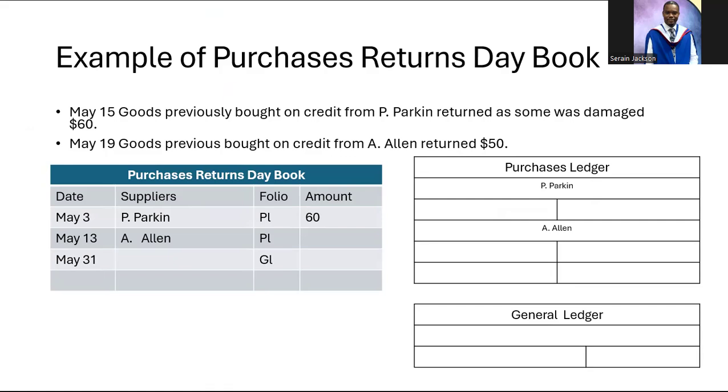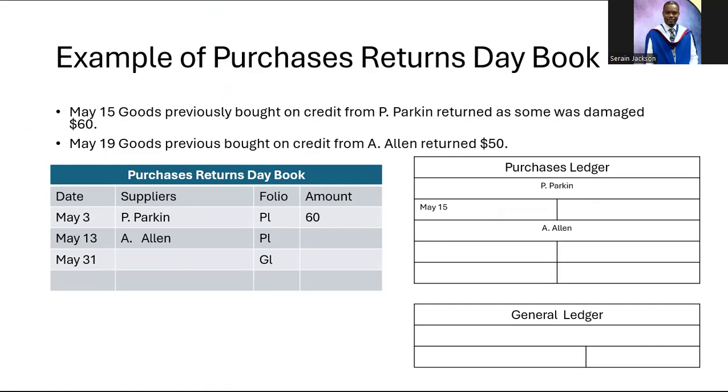So he is receiving goods, per se. Or you can look at it and say, well, P Parking, who is a creditor, to increase a creditor account, we would make a credit entry, but to decrease it, we would make a debit entry. So we want to decrease it. That is the reason why we make a debit entry. So May, it's not May 3, it is May 15.